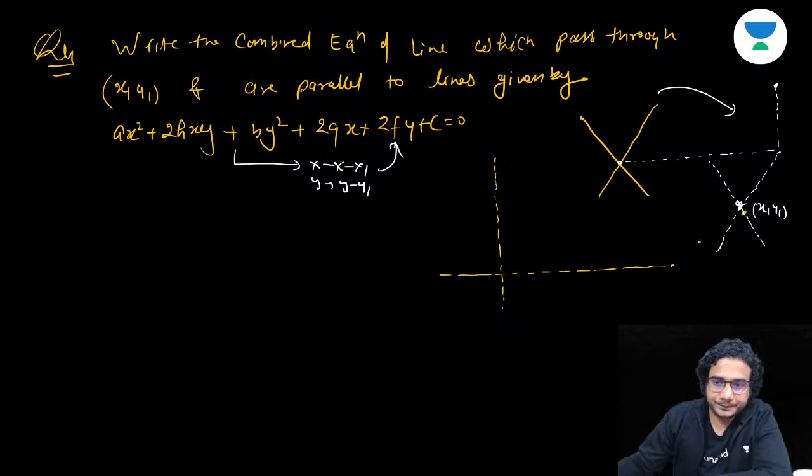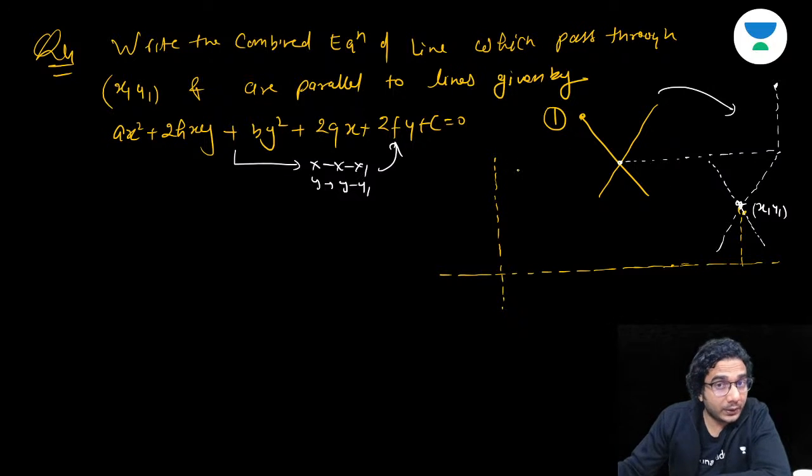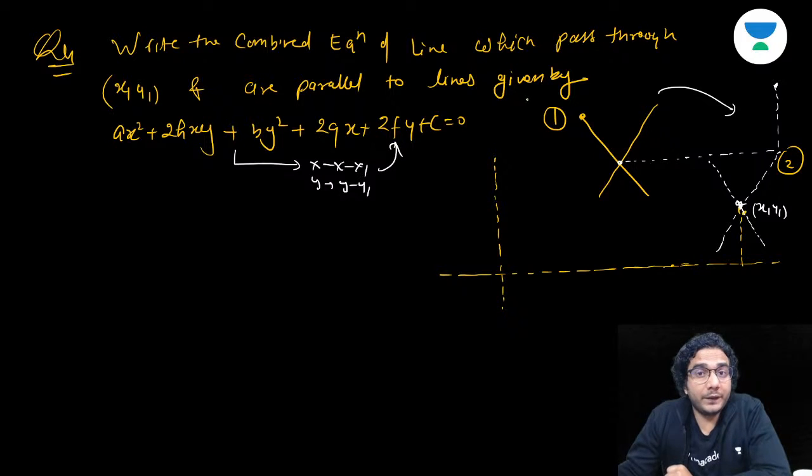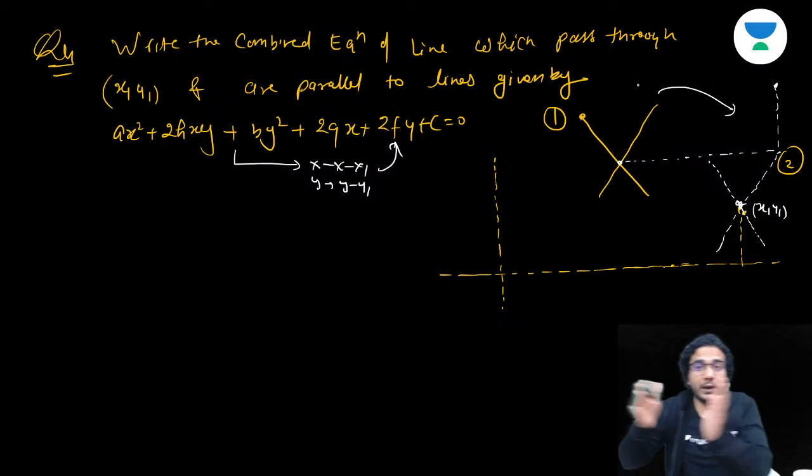Are you understanding the mistake? If curve number 1 would have been at the origin, then after replacing x by x minus 1 and y by y minus 1, you would get this curve number 2. But if you directly put x equal to x minus 1 and y equal to y minus 1 in curve number 1, then it will shift right and then up.